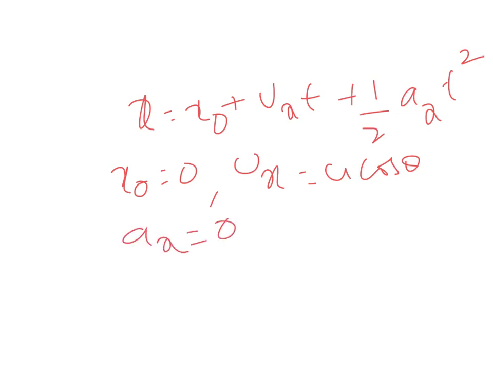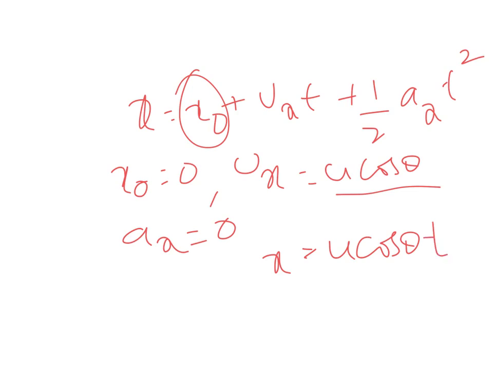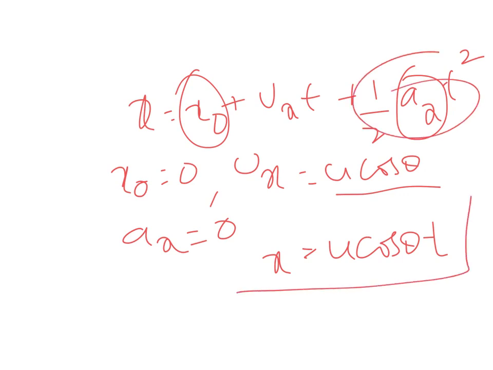So applying this, x is equal to u cos theta into t, and because ax is 0, the last term becomes 0. So x is equal to u cos theta t.